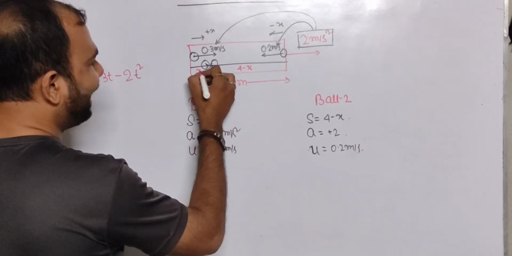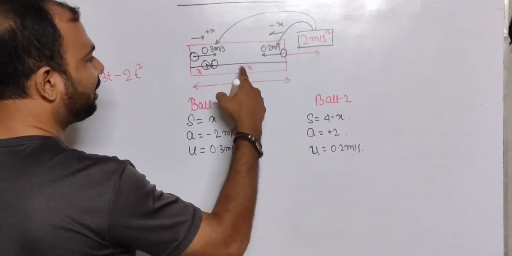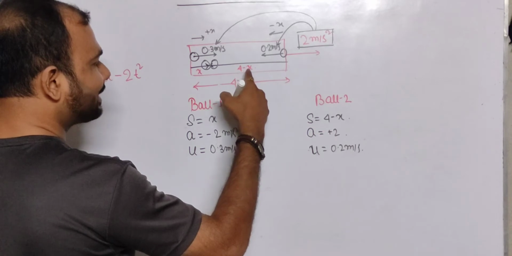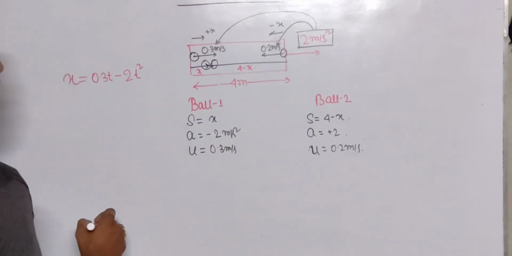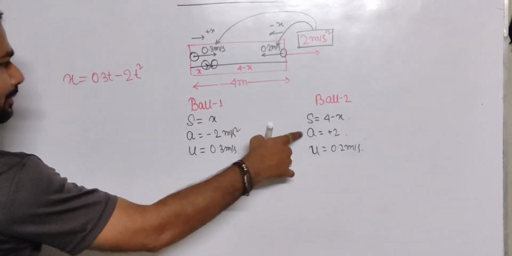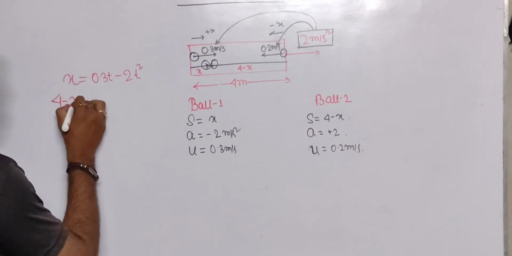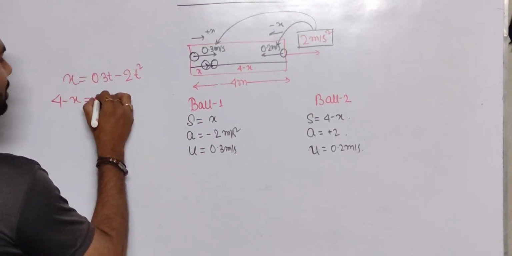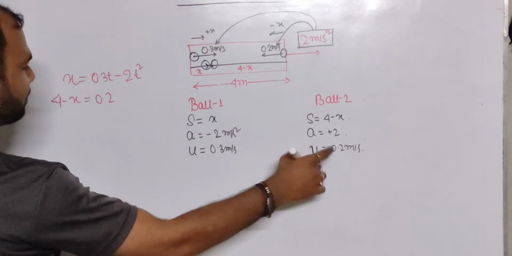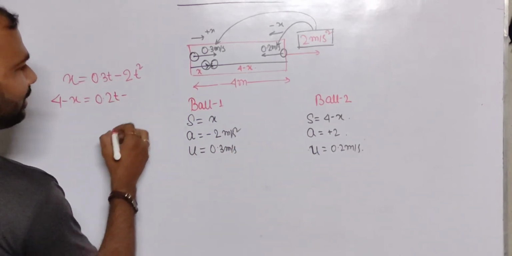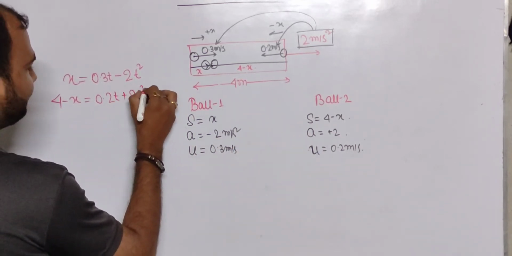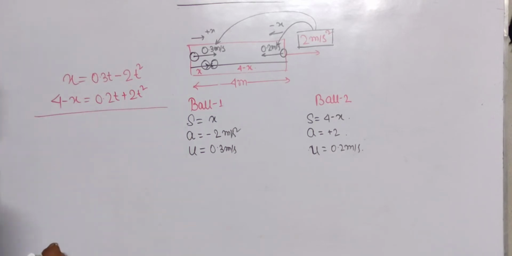It will cover x distance in t seconds, and it will cover 4 minus x distance in t seconds. For this ball, 4 minus x equal to 0.2 t plus 2 t square. These are the two equations.